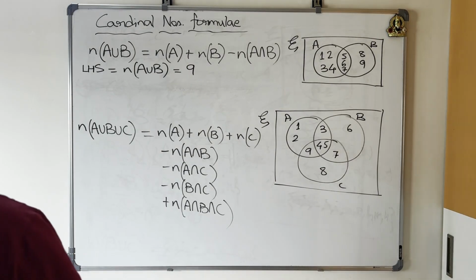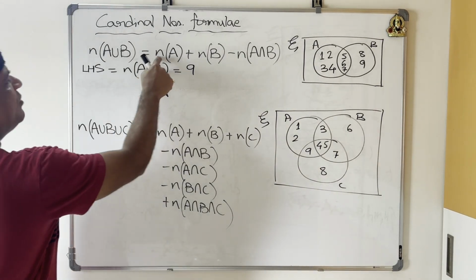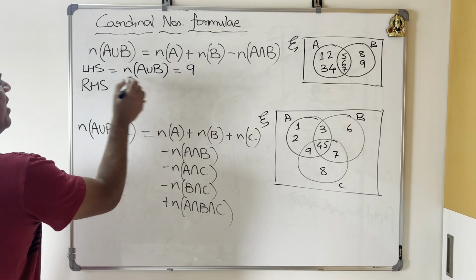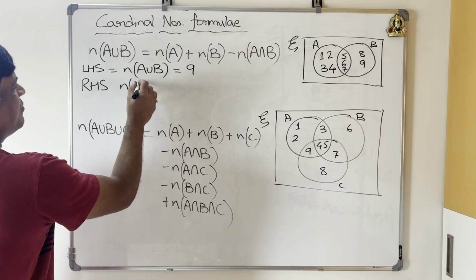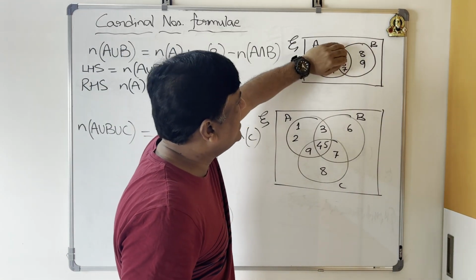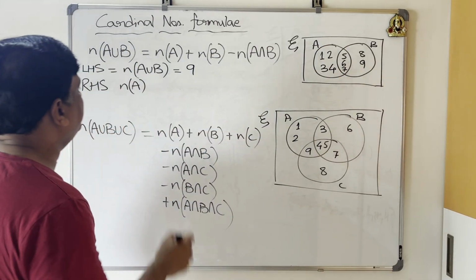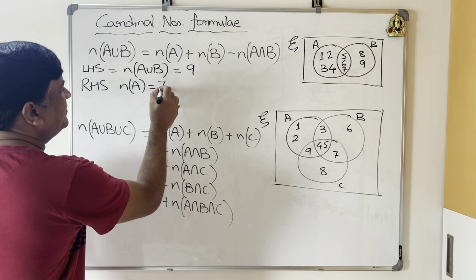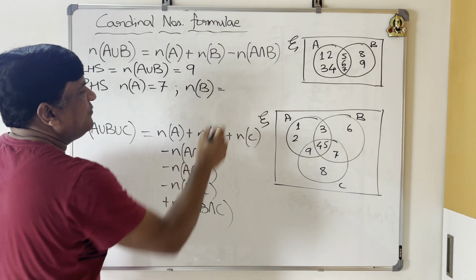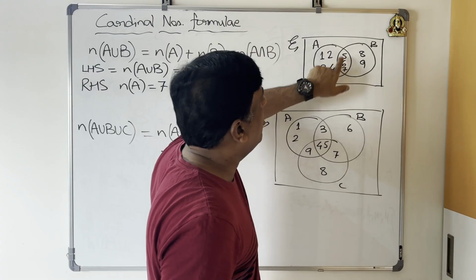Now let's look at the RHS and find out the values of everything in it. In the RHS, you have N of A. What is the cardinal number of set A? If you look at A completely, you have 7 elements, so that becomes 7. Similarly, N of B. If you cover B completely, how many do you have?